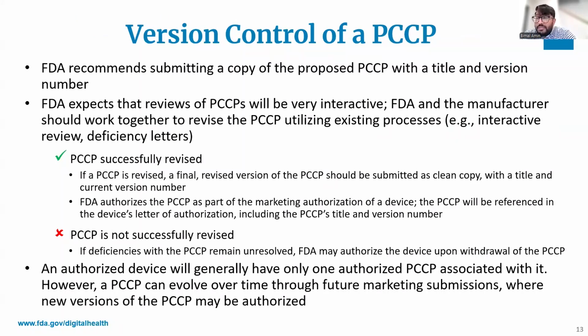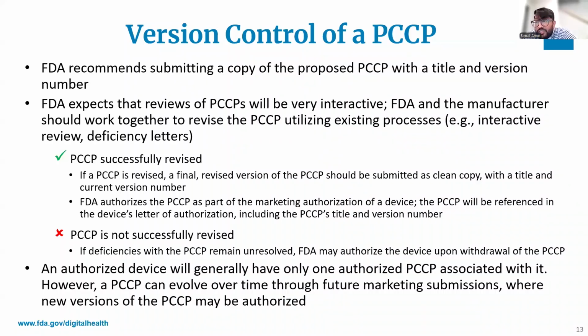Lastly, when you submit a PCCP, FDA recommends including a title and version number. We expect the review to be interactive, where the FDA and the sponsors work together to refine the PCCP using existing processes like interactive review and deficiency letters. If revisions are needed, we recommend you submit a clean, updated copy with a current version number.